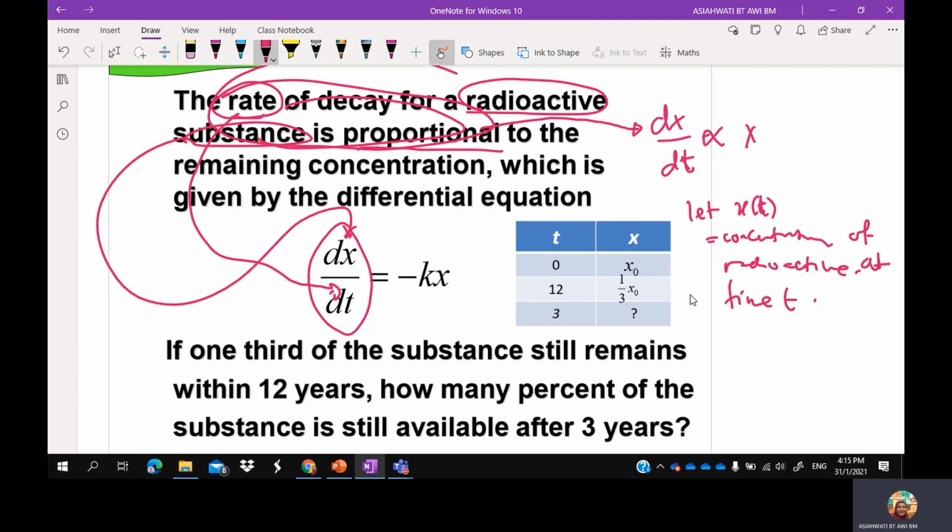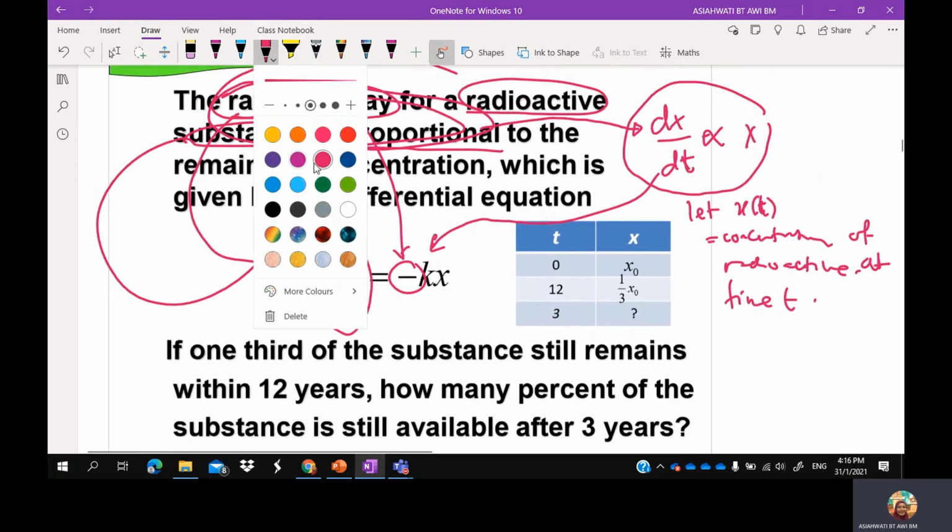If you change this to an equation, it can be dx over dt equals negative kx. Negative to show that it is decay, since decay should be negative. k is a constant and x is the variable.